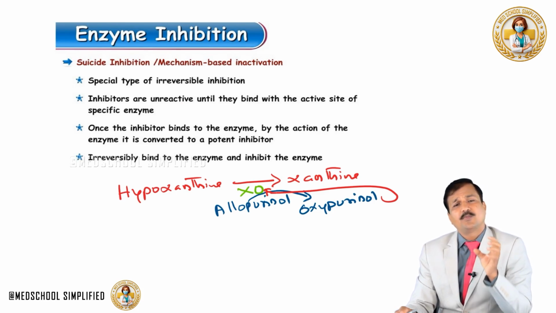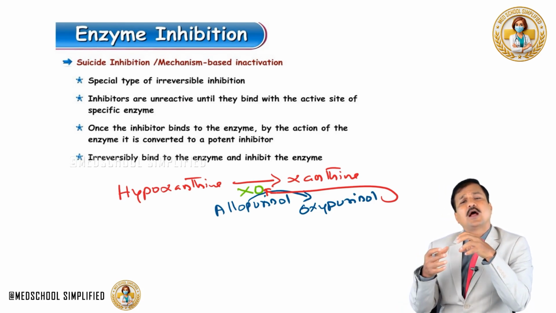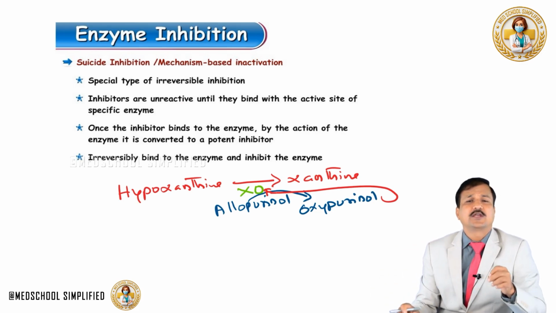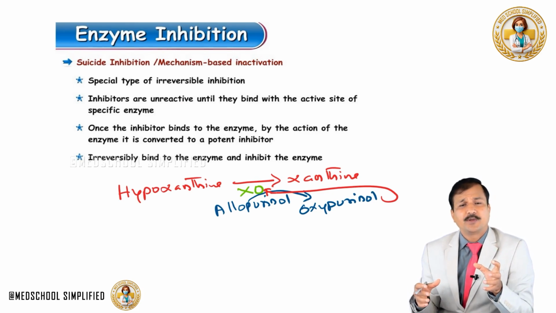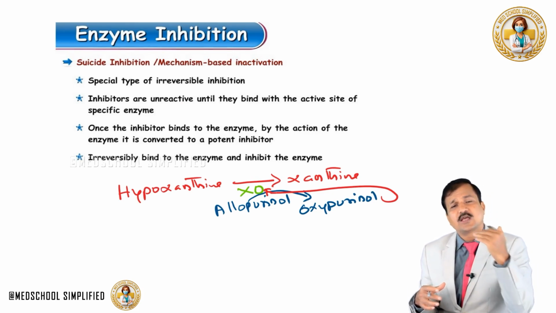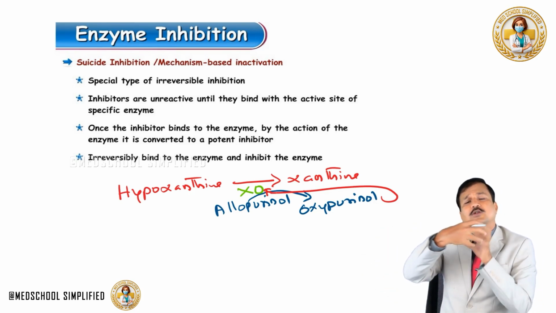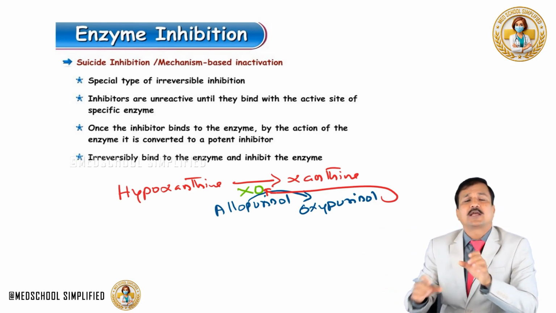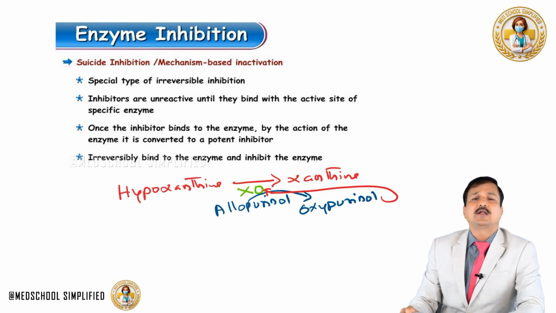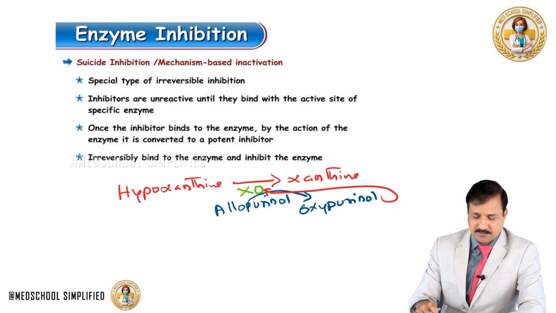It is like a backstabbing by allopurinol, because xanthine oxidase itself has converted allopurinol into oxypurinol, and oxypurinol irreversibly binds with the active site of this enzyme and inactivates the enzyme. That is the suicidal mechanism there.